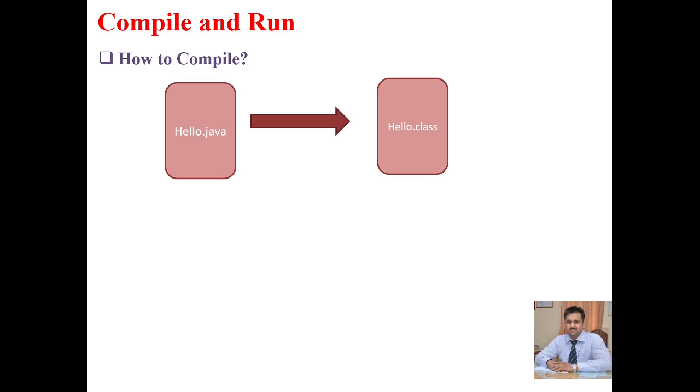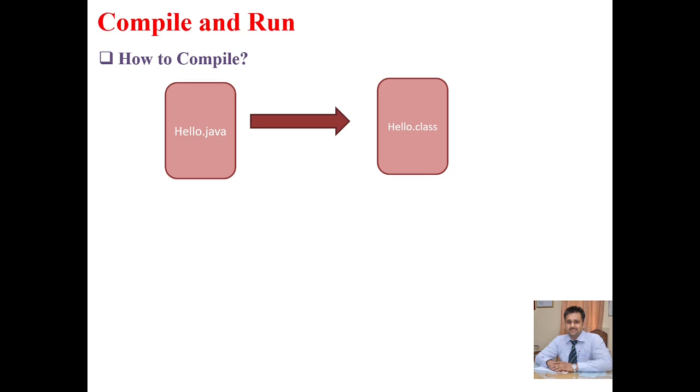But the Java compiler converts it to bytecode, which is not understandable by any operating system. If a Java program has 5 classes, then after compilation 5 different class files will be built. It means one class file represents one Java class.